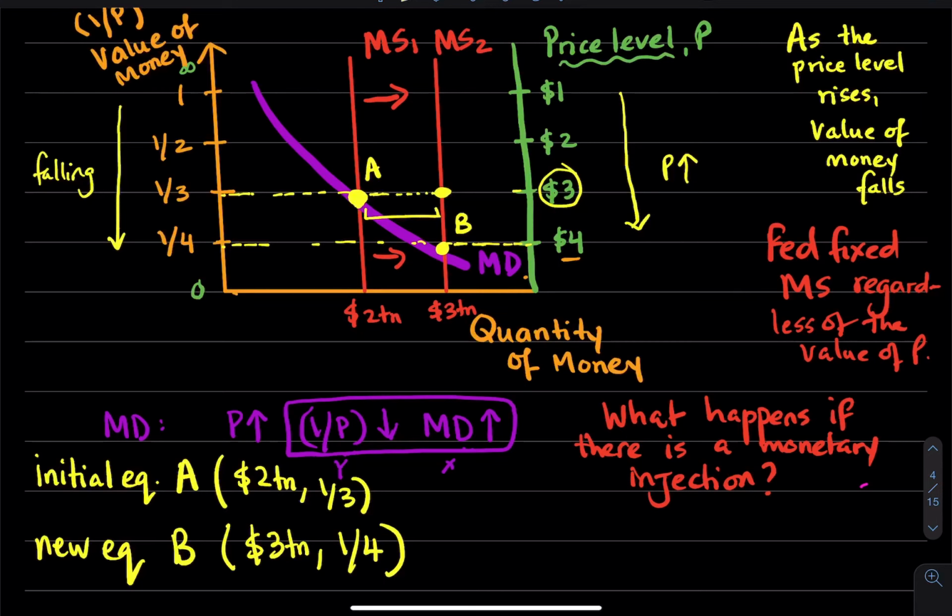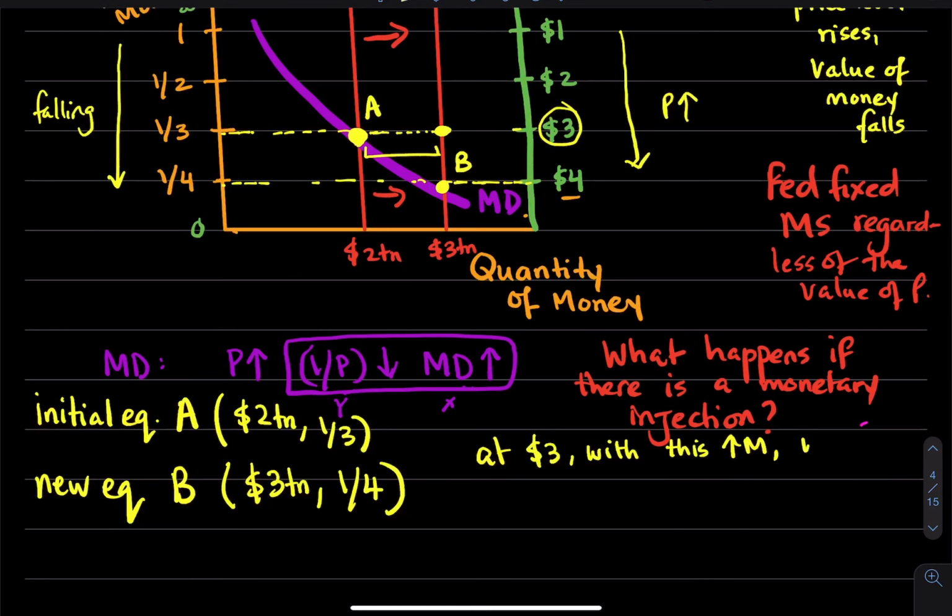In order for people to get rid of their excess money, they could either spend it on goods and services or loan it to others who would again spend it. So at $3, with this increase in money, we have an excess supply of money.